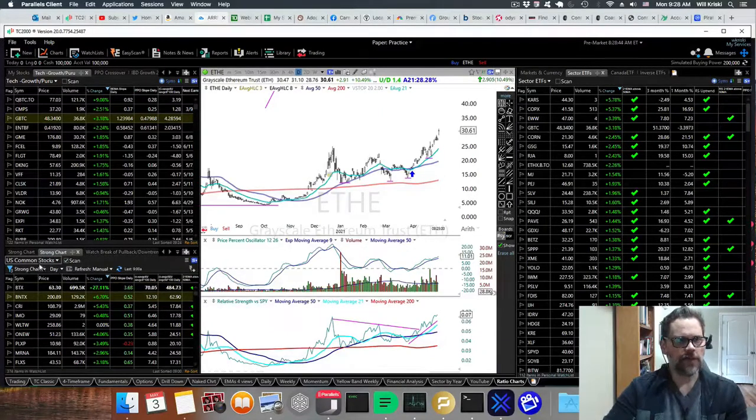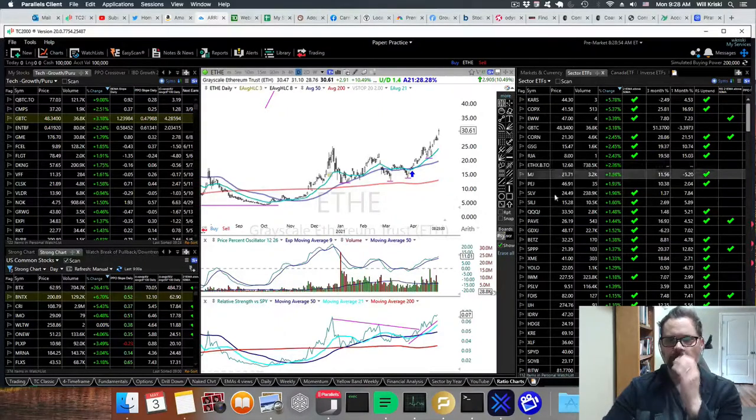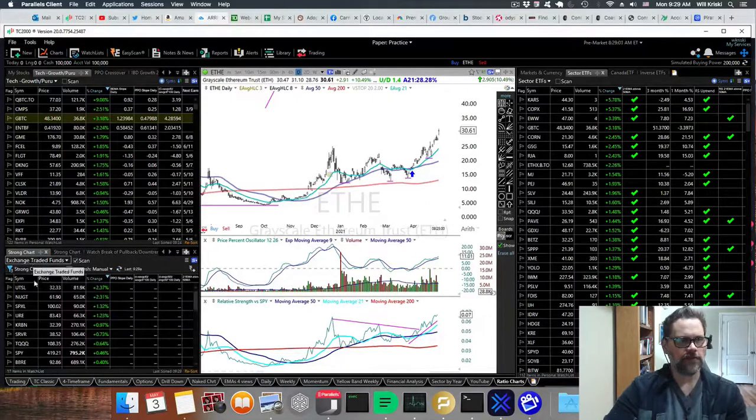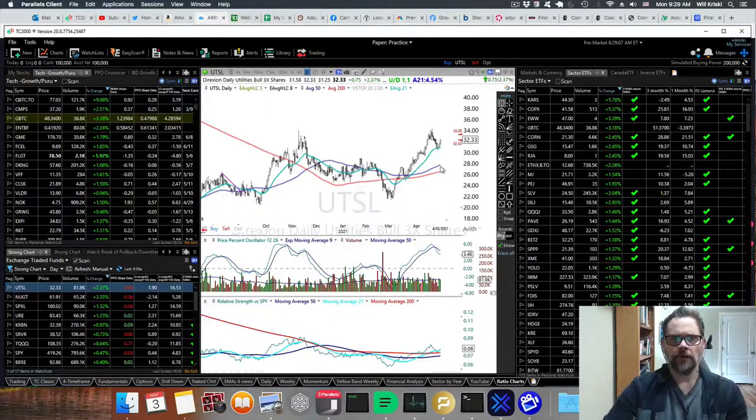And you can do that for stocks over here on the left. I have a strong chart scan for all stocks and all ETFs. This is just my own sector ETFs that I have selected, but this is like all the US common stocks. This one is all the exchange traded funds. So we're looking for strong charts, which means the 50 is above the 200.